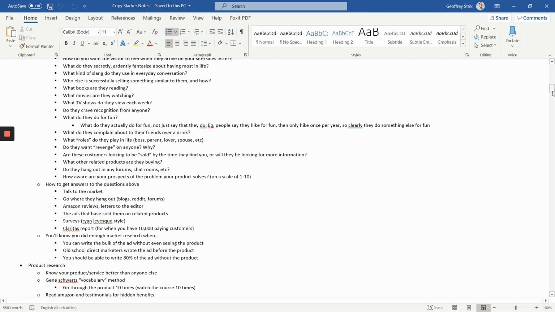This will show you sort of the good things to implement in your copy, so you'll know that the market is looking for feature 1, feature 2, feature 3, feature 4, and they were very happy that they got those features. You then want to make sure that if your product also offers those features, that you make the market aware of the fact that your product offers those features.